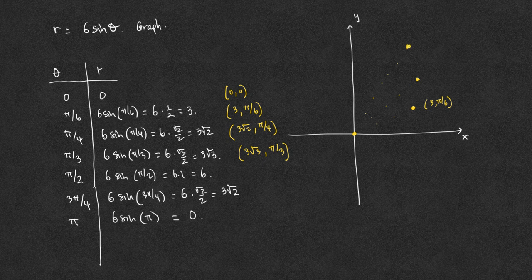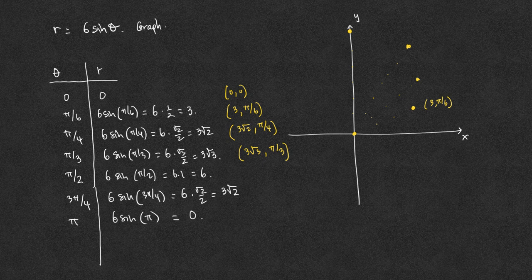When theta equals pi over 2, we would go on the ray pi over 2, which is the positive vertical axis, and we would go out 6 units from the origin. 1, 2, 3, 4, 5, 6. And then it looks from the table that these are going to be symmetric about the points that we just drew.